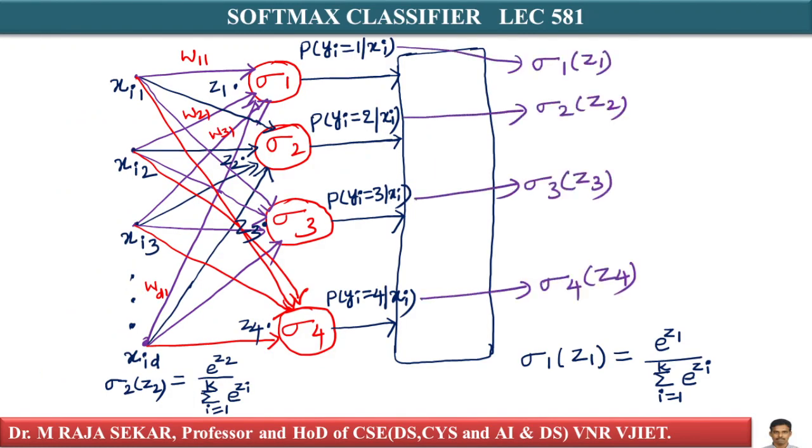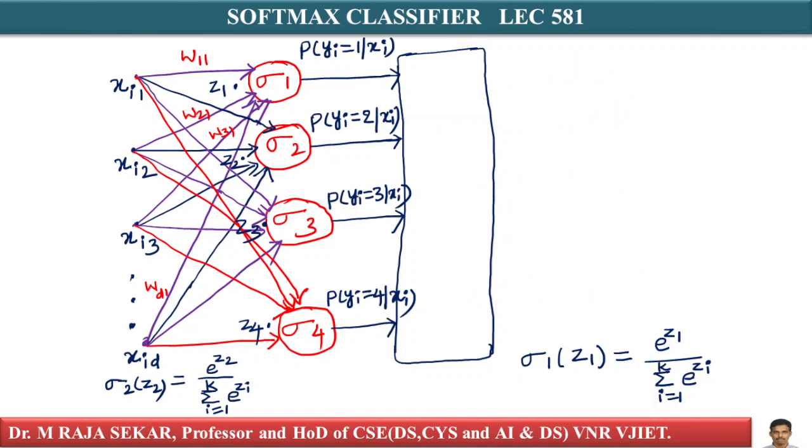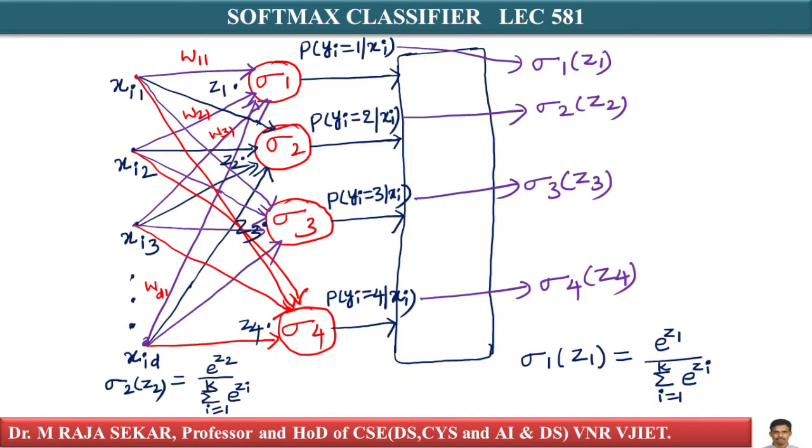So what's happening here? Just understand. What is the input for sigma 1? z1. What is the input for sigma 2? z2. What is the input for sigma 3? z3. What is the input for sigma 4? Let me say z4, isn't it? What is the output of sigma 1 z1?